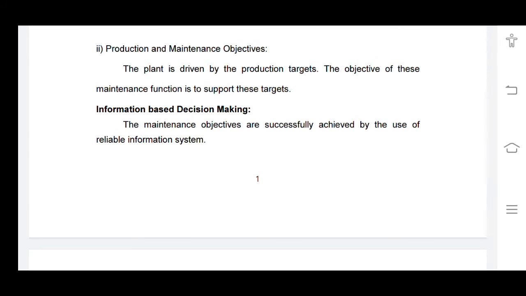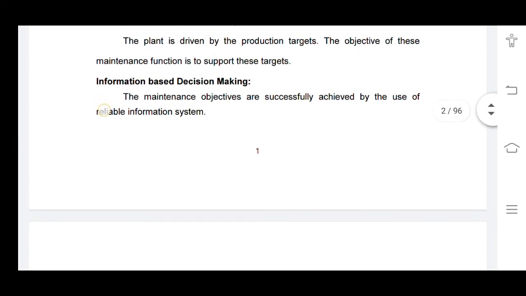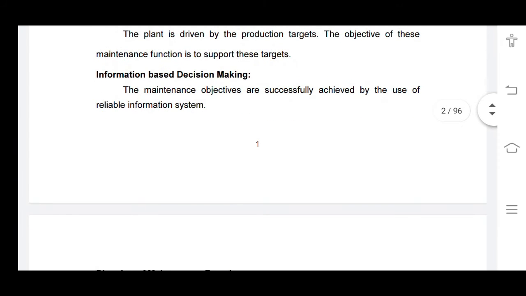Okay, so we can categorize these measures broadly into two categories. The first category is non-reliability performance, which is an important topic, students. First one is the non-reliability performance measure and the second one is the reliability performance measure.